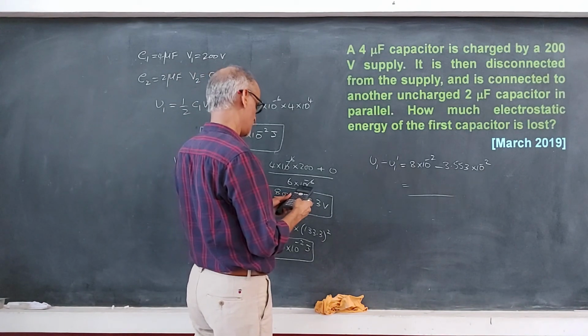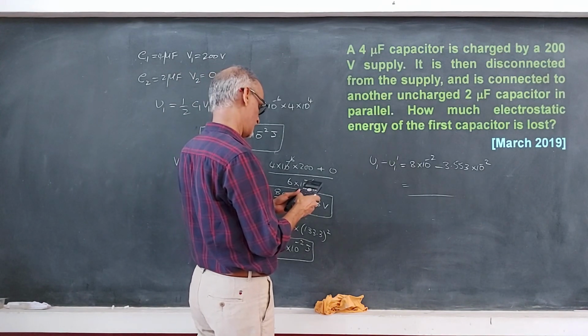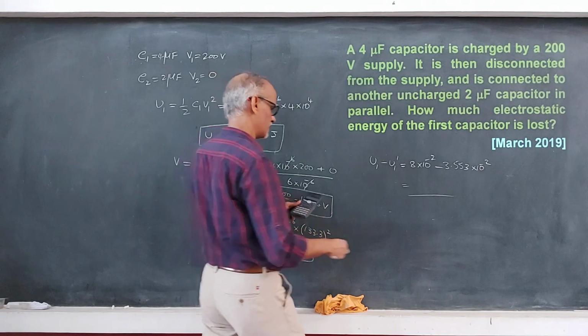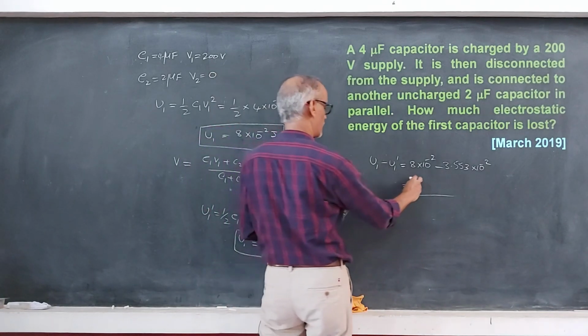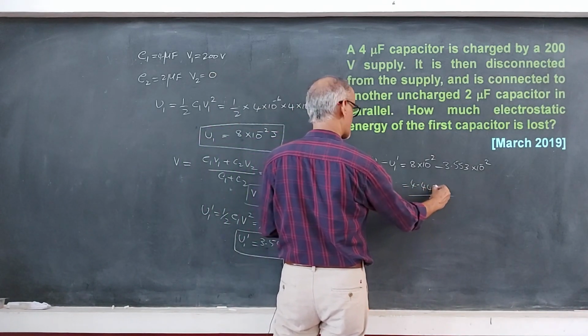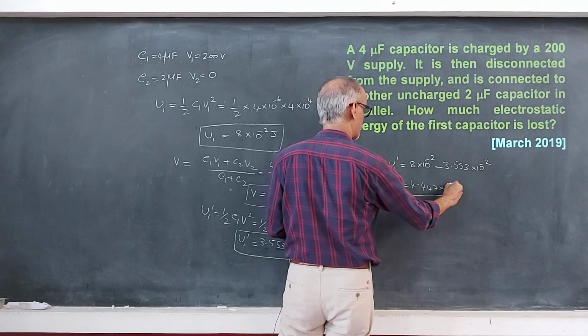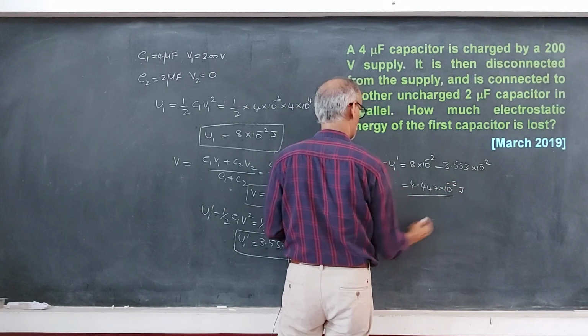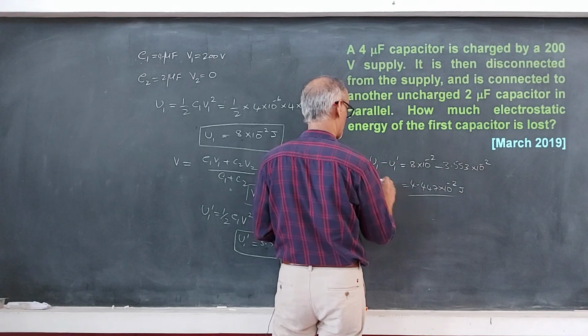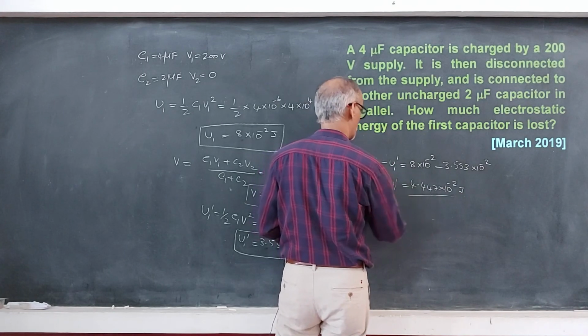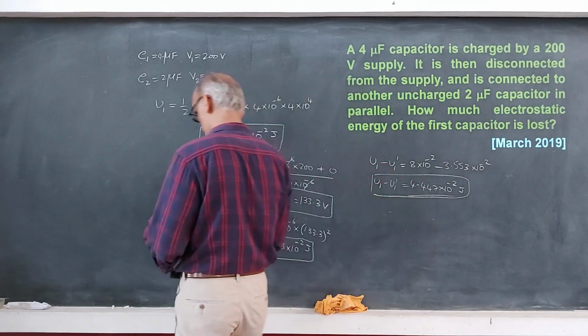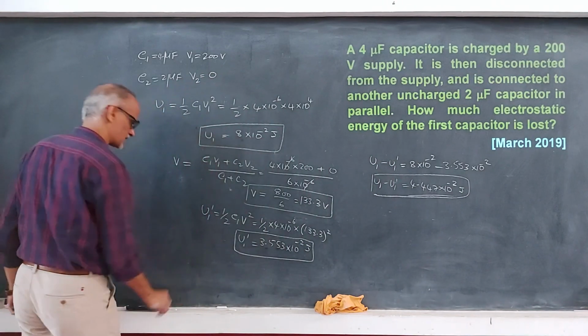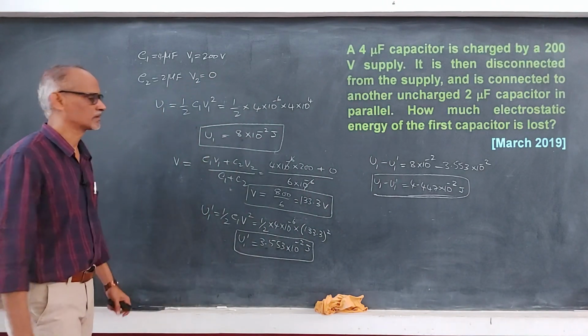So 8 minus 3.553, the difference is 4.447 into 10 to the power minus 2 joule is the answer. So that is U1 minus U1 dash, the energy lost in the first capacitor, right.